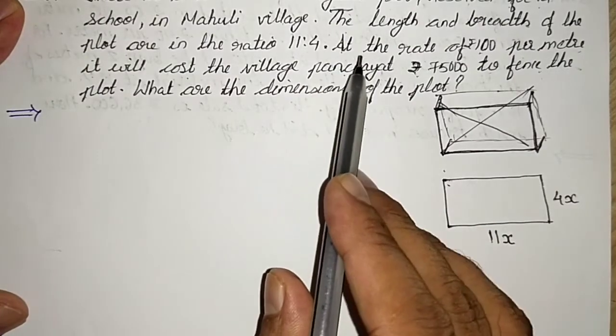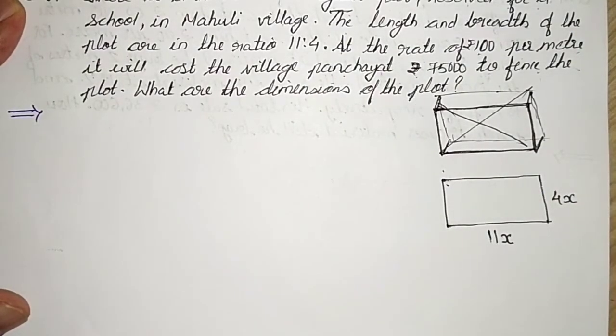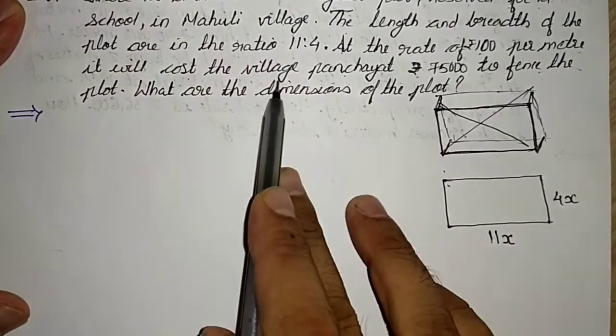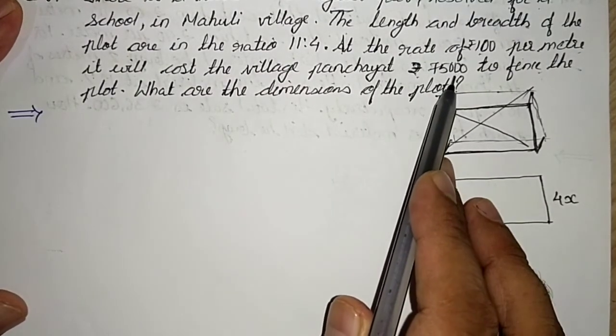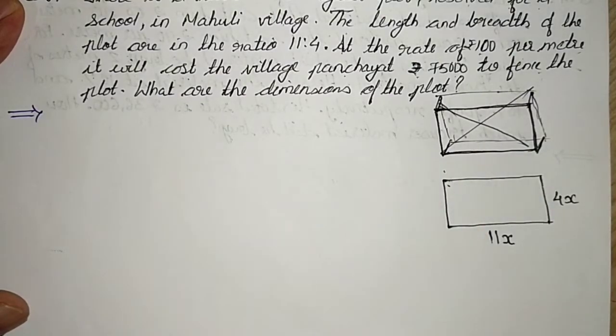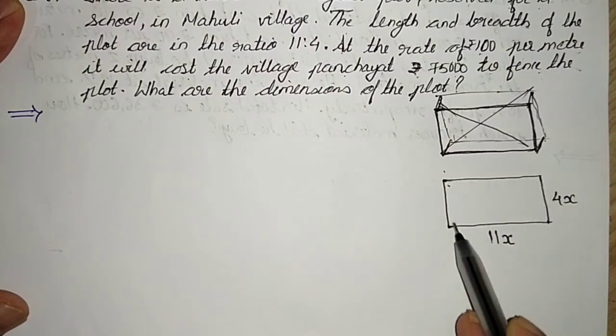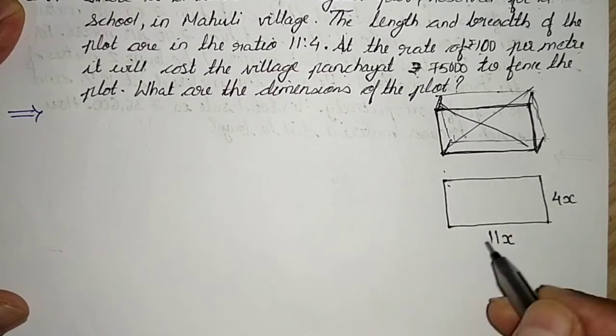Moving further, at the rate of 100 per meter, it will cost the village panchayat rupees 75,000 to fence the plot. Now students, this plot which they have reserved for school was not having any fence.